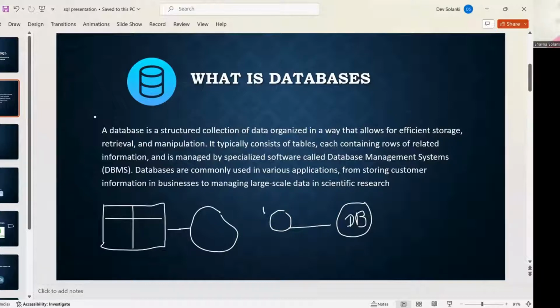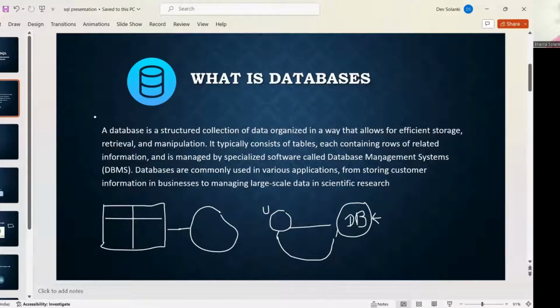So Instagram uses a database to store all the users' information, of all the people who maintain an Instagram account. Instagram stores all the data of the people in one database. Okay, so this is all about databases.